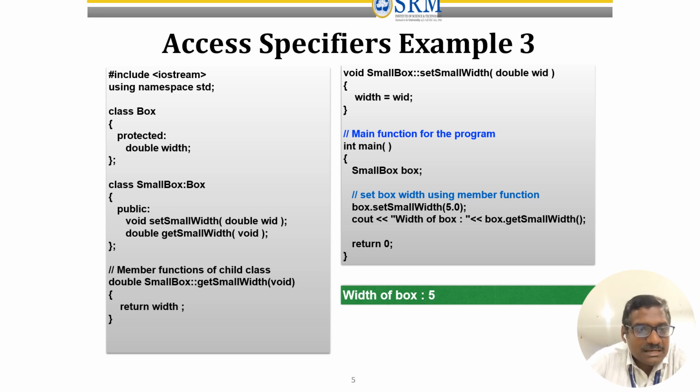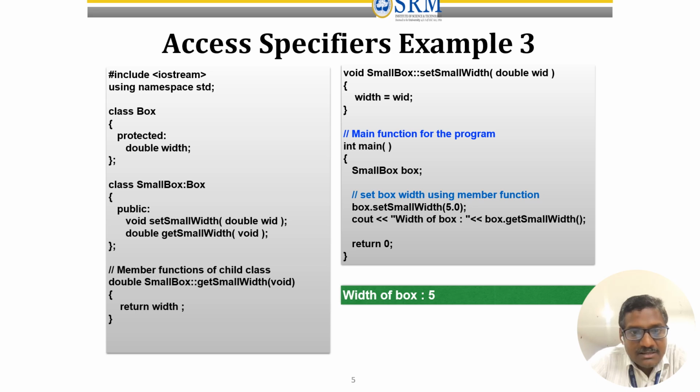Here you could see the base class name is Box, and the derived class name is SmallBox. SmallBox has its own property as well as the base class property. Now come to the main program. You are creating an object for your SmallBox, because SmallBox contains its own property as well as the base class property.